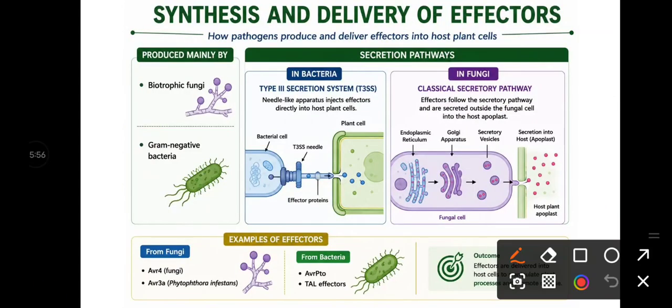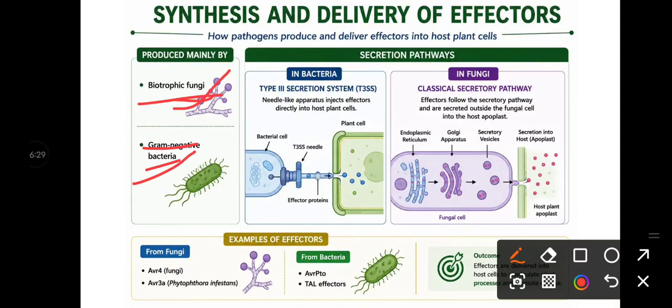Next, about the synthesis and delivery of the effector proteins. How do pathogens produce and deliver the effectors into the plant cell? Generally the effectors are produced by fungi and gram-negative bacteria. They are not produced by any viruses. They are only produced by fungi and gram-negative bacteria, not gram-positive, and biotrophic fungi.